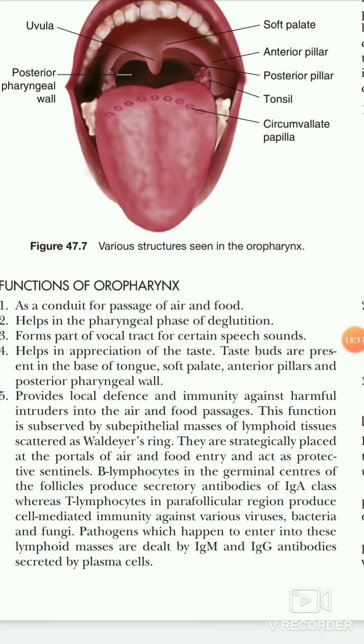Provides local defense and immunity against harmful intruders into the air and food passages. This function is subserved by subepithelial masses of lymphoid tissues that are scattered as Waldeyer's ring. They are strategically placed at the portals of air and food entry and act as protective sentinels.